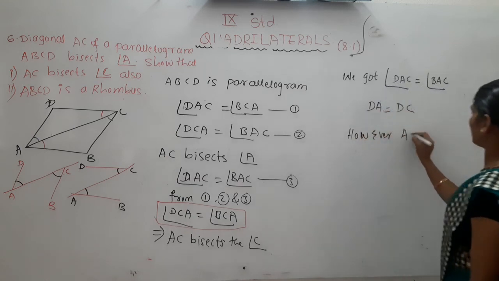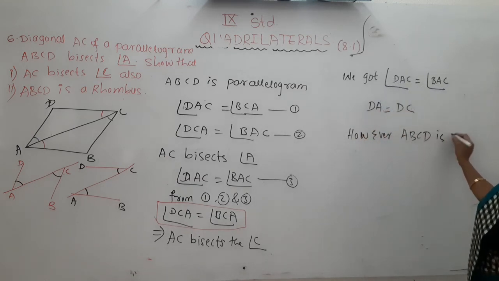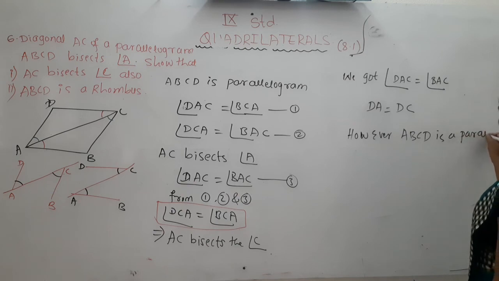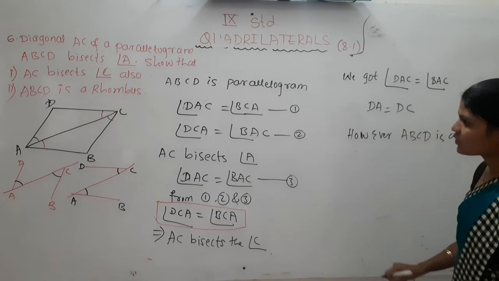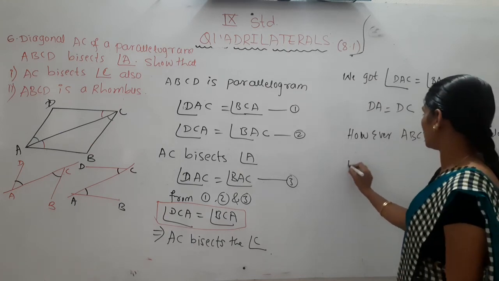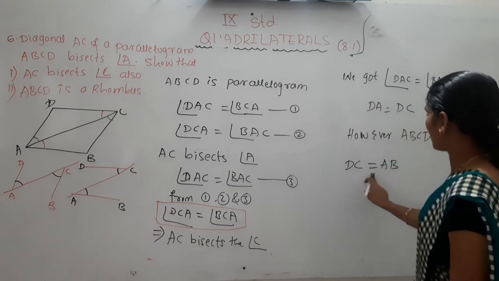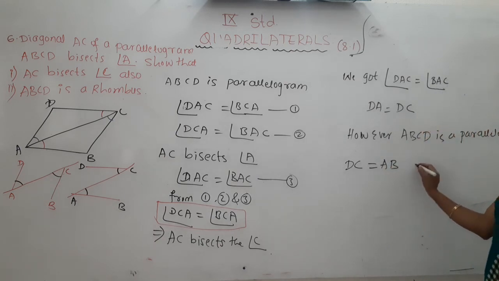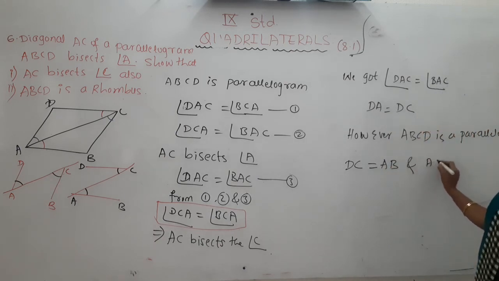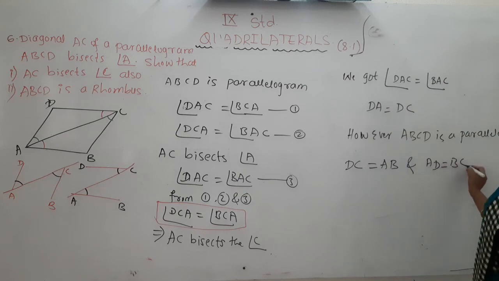Your ABCD is a parallelogram. If it is a parallelogram, then opposite sides are equal. Your DC is opposite to AB and equal, and in the same way AD is opposite to BC and equal.